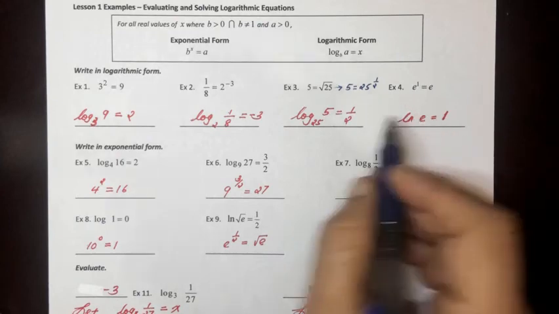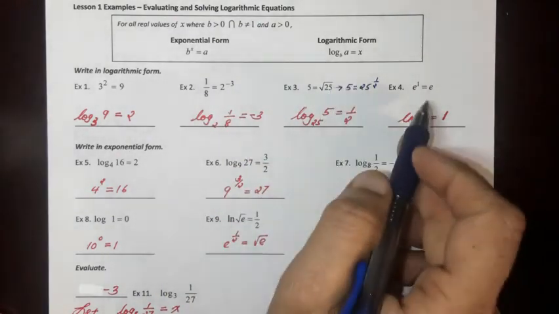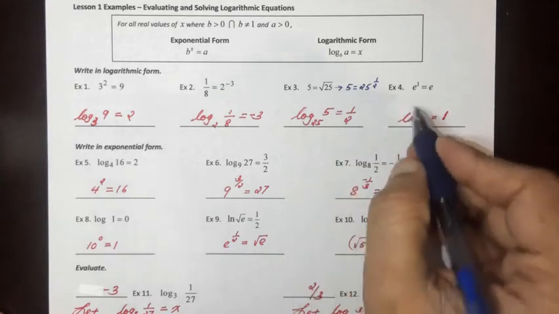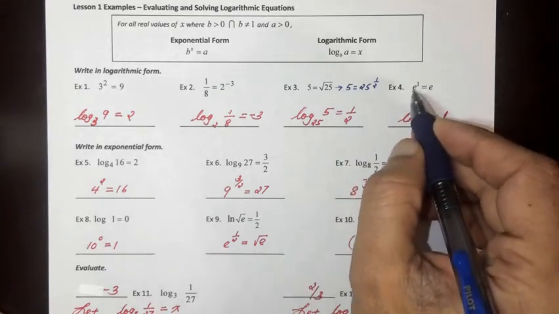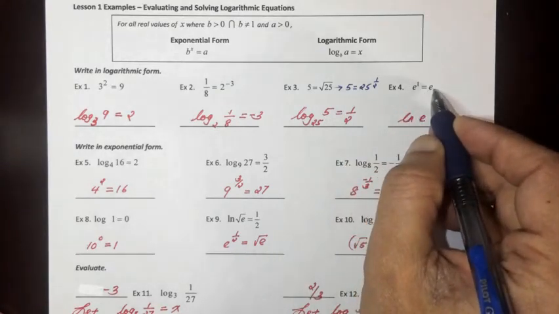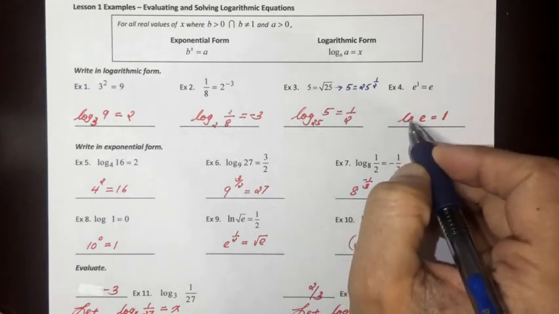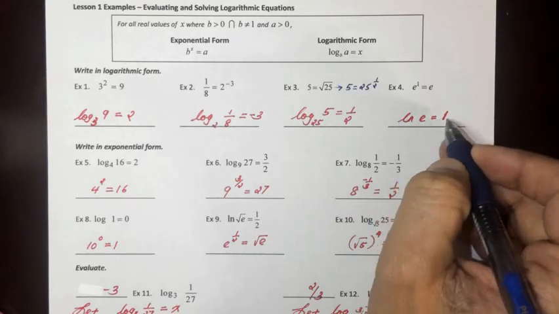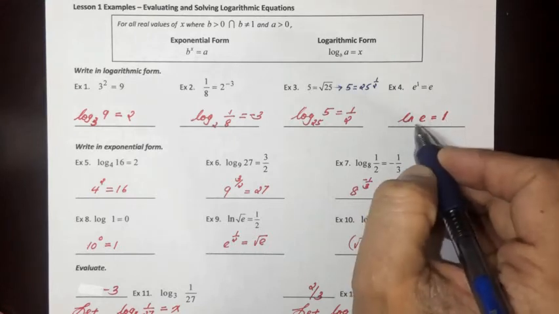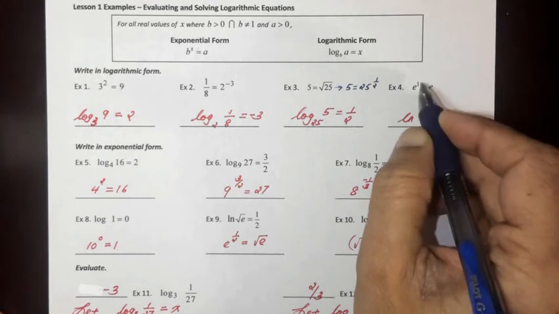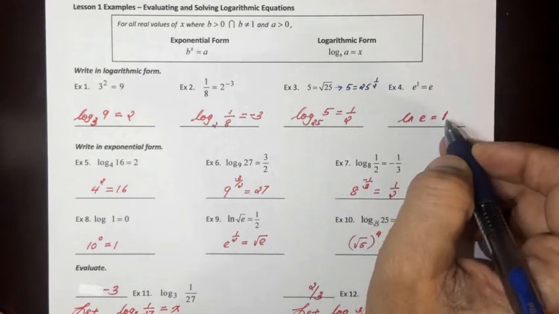So we can just use exactly the same format for this, and that's going to be e to the power of 1 is equal to e means ln e. ln means logarithm natural. ln e is equal to 1 because we don't write the base, so the exponent is going to be the right hand side.